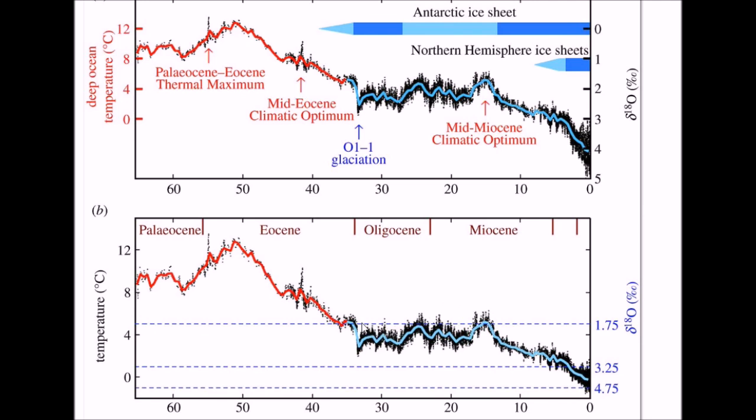Prior to this, there wasn't much ice in Antarctica. After this period, it greatly expanded, dried out the planet, dropped the temperatures, and caused a lot of extinctions, and a lot of forests died out. So what happens is the lighter oxygen water began to fall as snow and was accumulated as ice in Antarctica and elsewhere, leaving a higher concentration of oxygen 18, and that's how they plotted it.